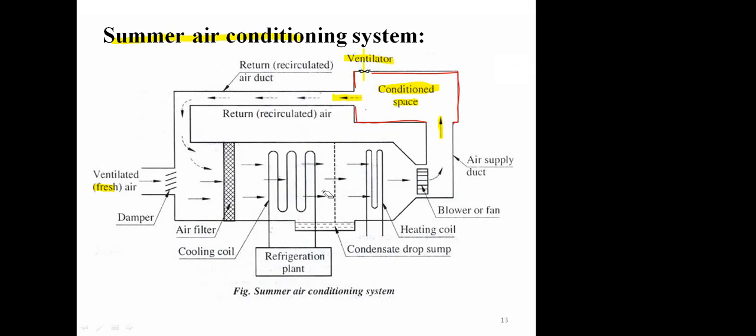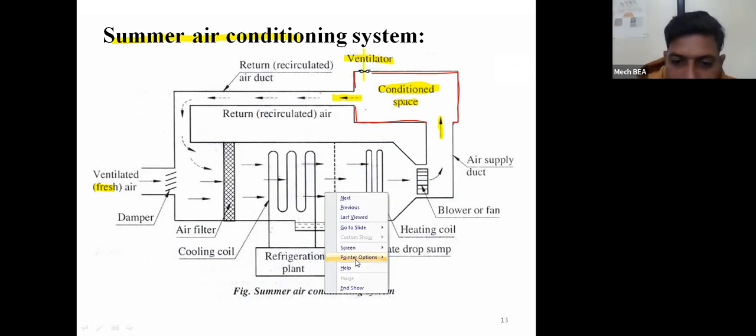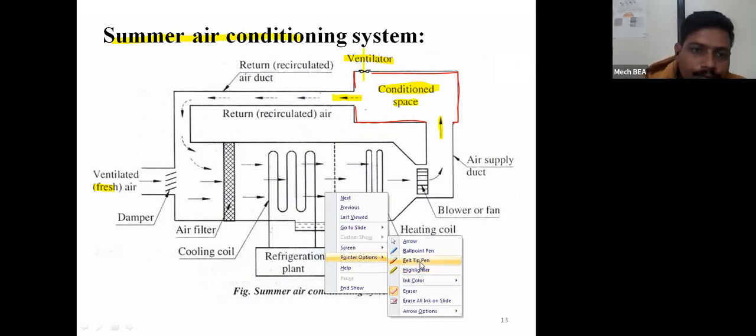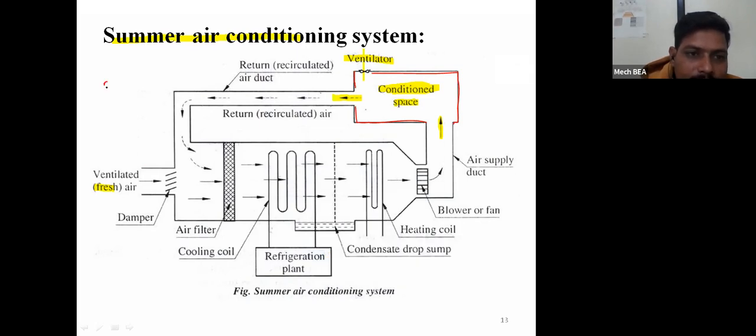condense, because the process which we want to occur is cooling and dehumidification. In summer air conditioning, the process we want is cooling and dehumidification.